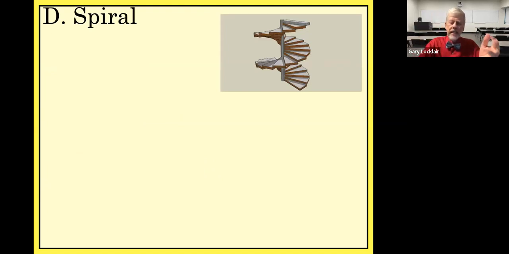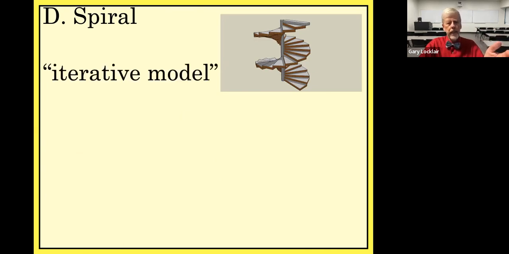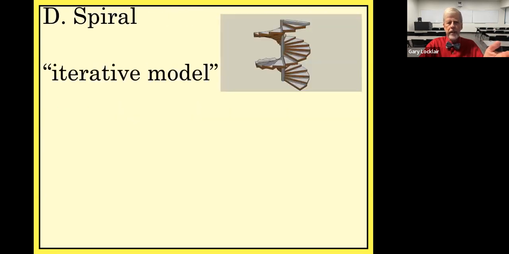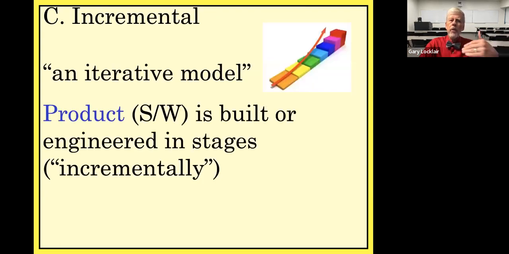Now, related to that is a spiral model. Hey, didn't I say that? Did I just say that before? No, I said iterative. Here I said iterative. Yeah. Well, so what's different? What are we iterating? Before, we were iterating on the product.